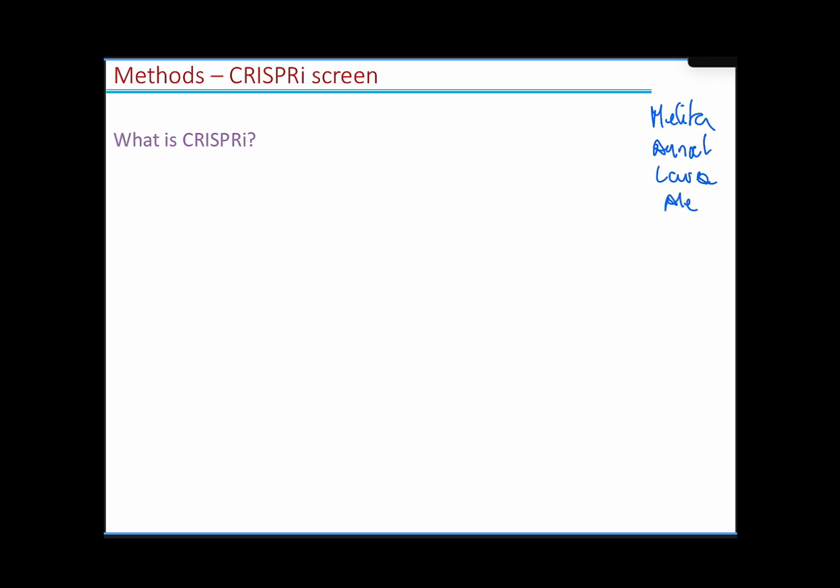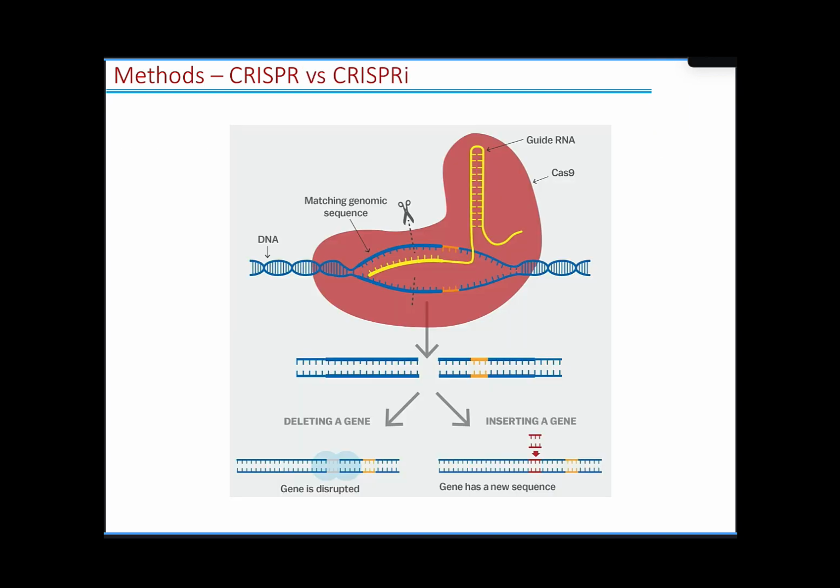So for those of you who are not familiar with CRISPR-i, but may be familiar with CRISPR, and just so that we're all on the same page, CRISPR works by bringing this enzyme called Cas9 to an exquisitely specific location in DNA. I'm not even saying region, I'm talking location. Cas9 will be brought to one location and one location only of DNA by a thing called the guide RNA.